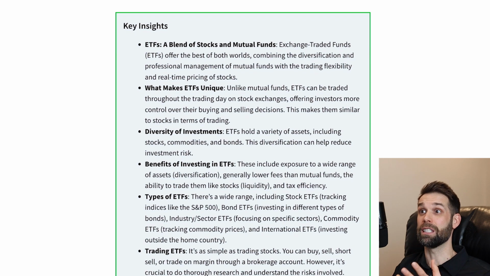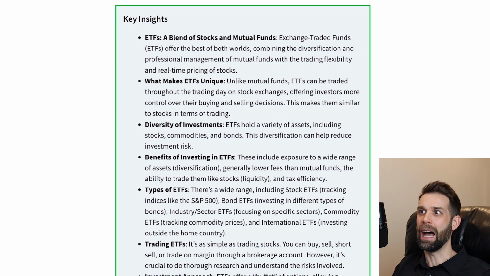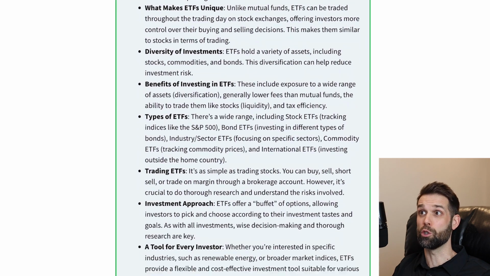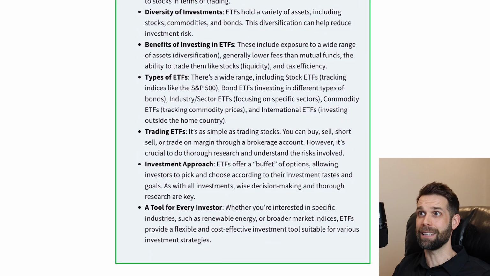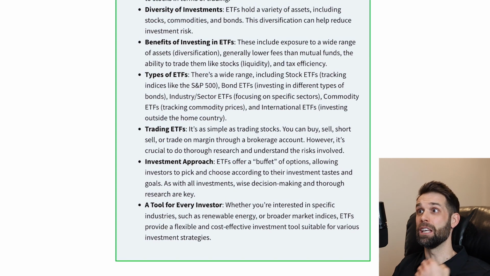They offer a diversity of investment. ETFs hold a variety of assets, including stocks, commodities, bonds, and so on. Some of the benefits include exposure to a wide range of assets, so that's diversification, generally lower fees, and liquidity. You can get your money in and out very easily, and there might be some tax benefits as well. There are various types: stock ETFs, bond ETFs, commodity ETFs, and so on.